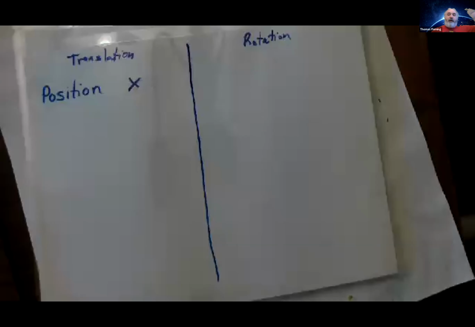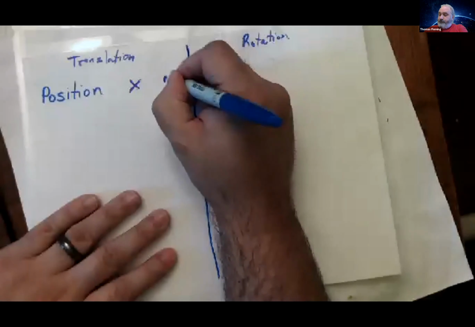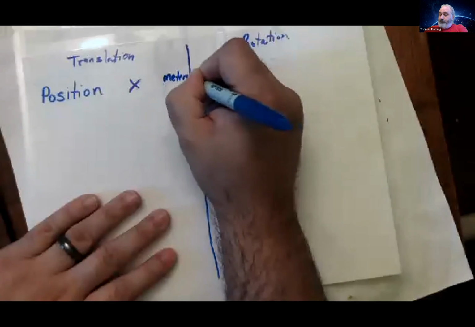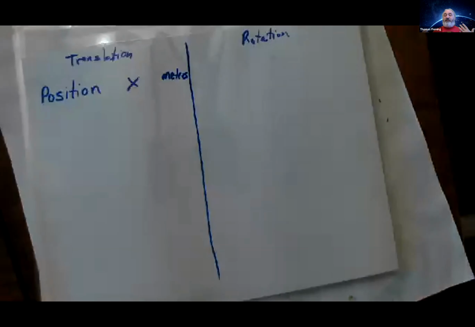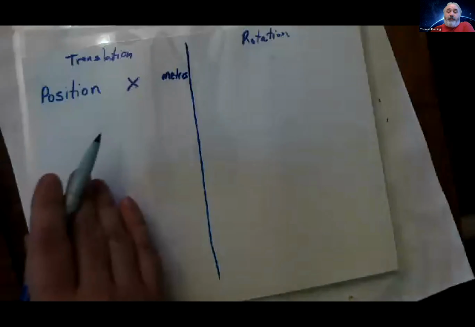Like the very first example we ever did, I drew that tree and a bunch of stick figures, and I would use the tree as my frame of reference. I would call the tree x equals 0, and then I'd measure where something was relative to that tree. That's how we measure position in translational motion.